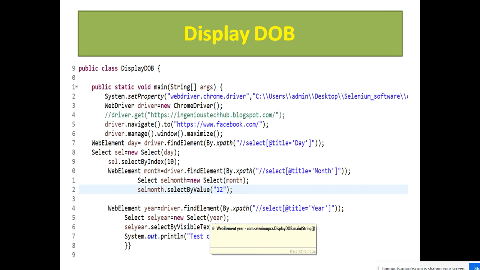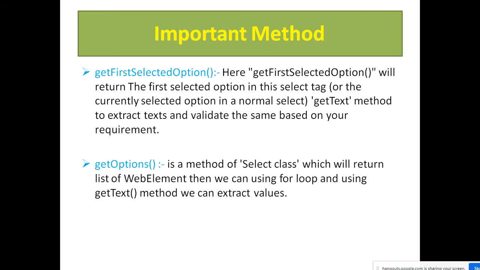We have discussed how to handle drop downs and some important methods. We already used these methods: getFirstSelectedOption and getOptions. Here, getFirstSelectedOption returns the first selected option in the select tag, which is the currently selected option. It selects whatever element is first in the drop down.